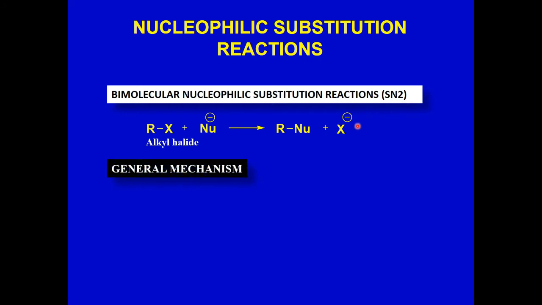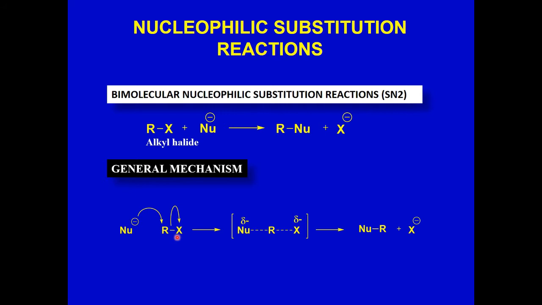Let's see the general mechanism for this reaction. As we discussed earlier, it's a single step reaction, and so the nucleophile and alkyl halide both will be involved in this single step. What happens is that the nucleophile, which is a negatively charged or electron rich species, will attack any electron deficient center present in the alkyl halide molecule.